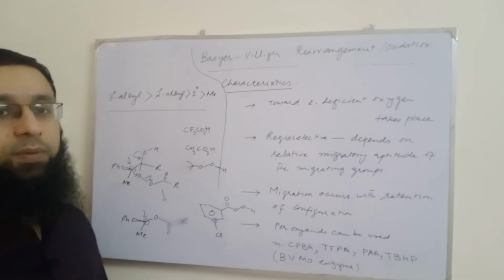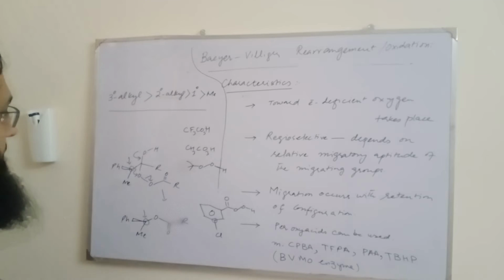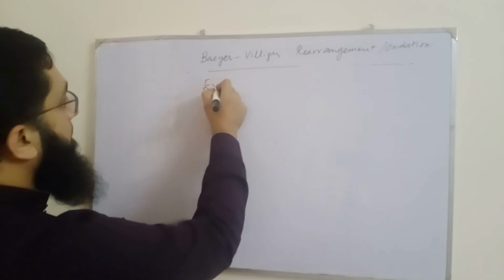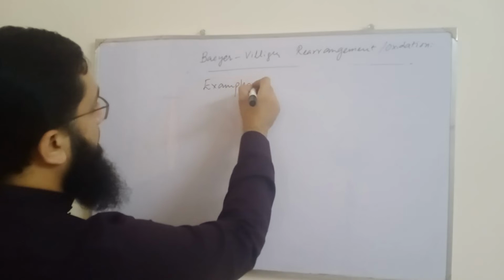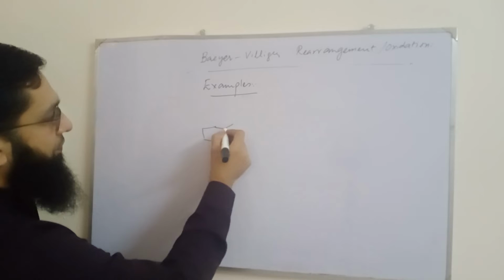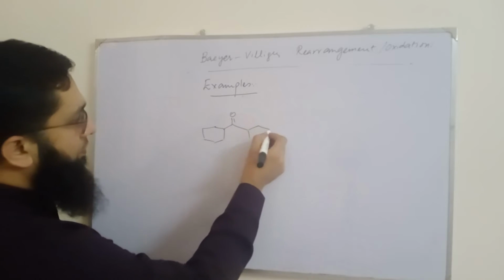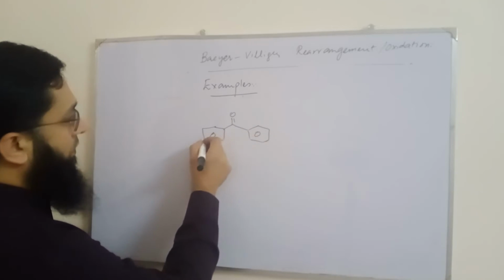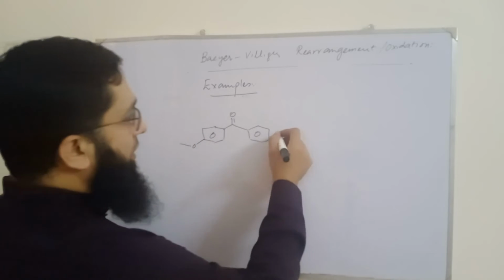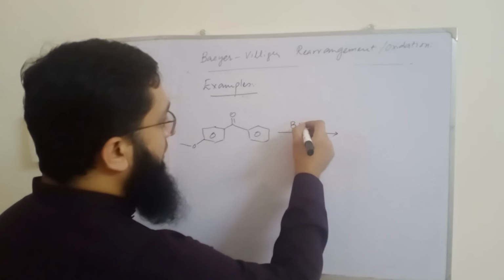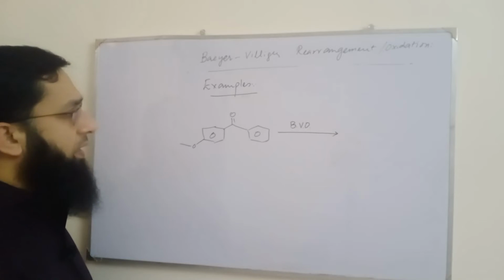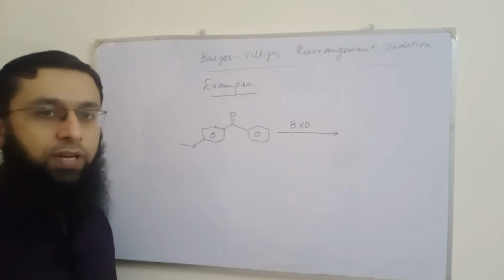Now we see some examples of this rearrangement. For example, if we have this ketone and we subject it to Baeyer-Villiger oxidation, what would be the product? Here we have a small trick as well.